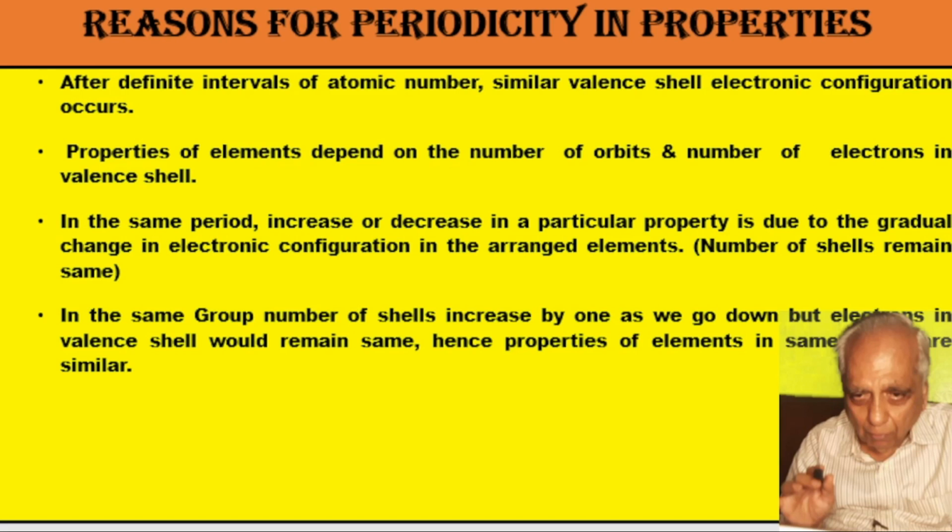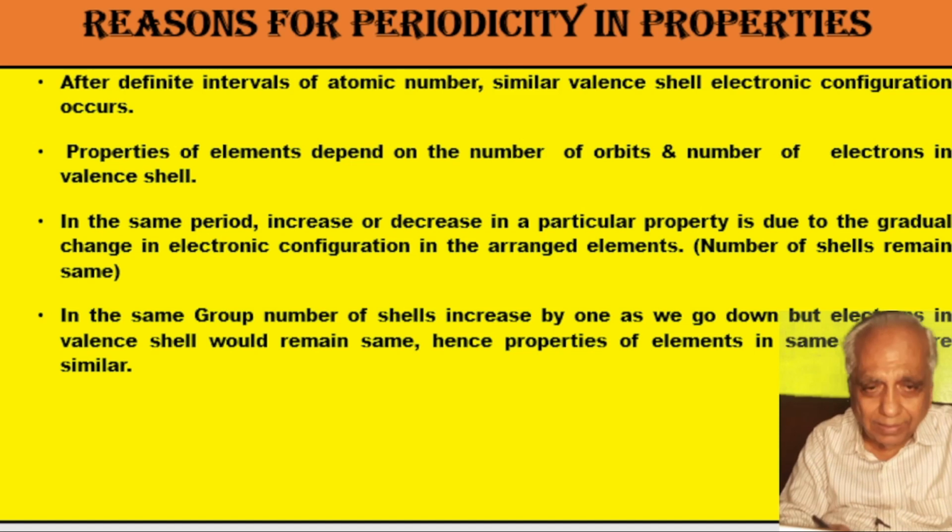So when we listed the elements in increasing order of atomic number, we observed that the number of electrons in the outermost shell repeats. So they came in the same vertical group, and the properties are also repeating in the same manner. But due to the extra shell, there is a slight gradation of properties.